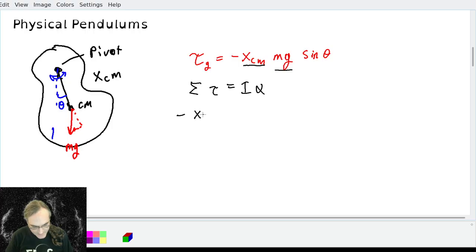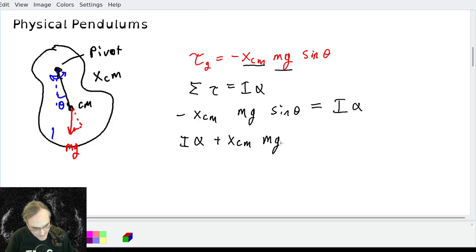The general gist, we're going with this for now. So we'll have minus XCM times m times g sine theta equals I times alpha. So nothing too different so far. The main difference is I is no longer something that we can automatically write down. So we'll have to take it to our standard form as best we can.